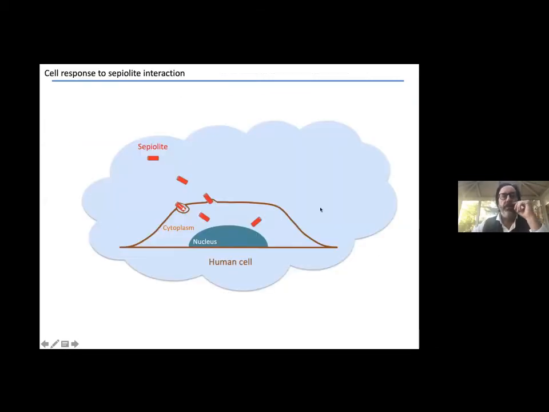So to summarize, sepiolite can spontaneously go into the cell through the endocytic system. The sepiolite is recognized by the cells, which produce ROS, and also activate cytokine genes that produce cytokines that might be able to modify the microenvironment of the cell.